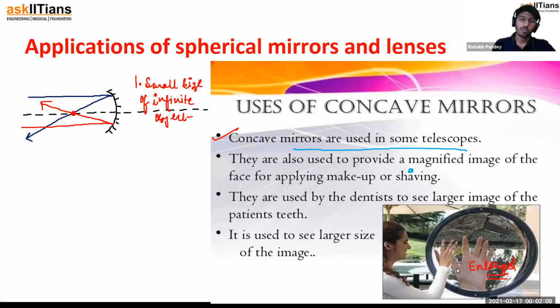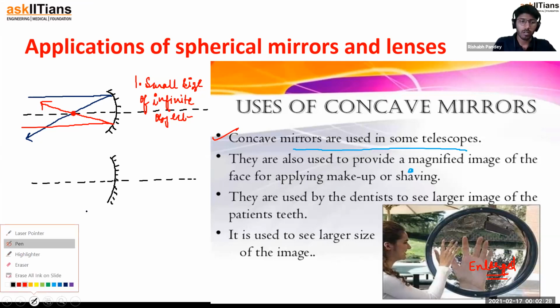If I try to form a situation like this by using a concave mirror, then it looks like this. Say this is the principal axis, and the object lies very close to the mirror. Say this is the object which lies very close to the mirror.